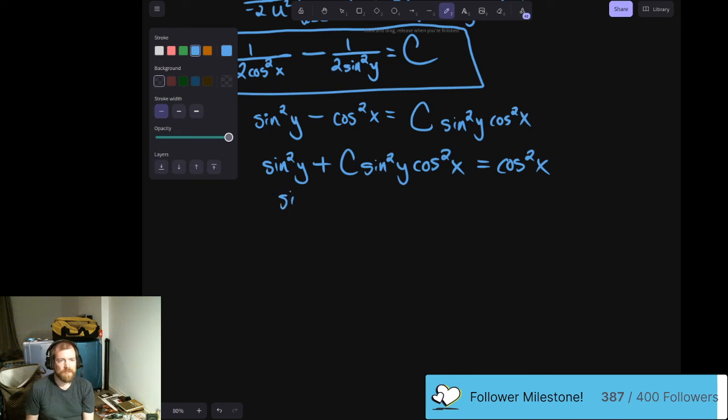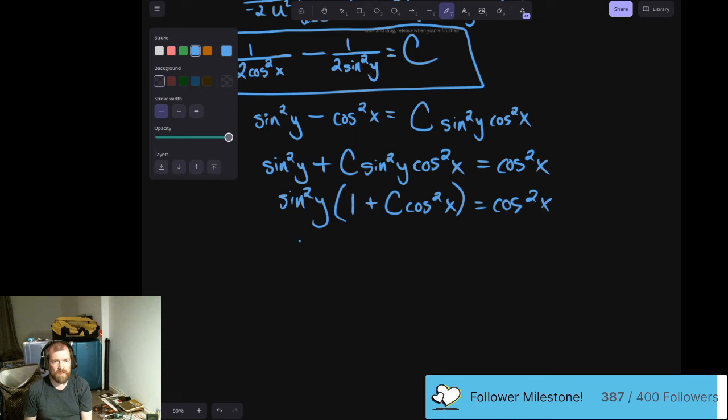Factor out sine squared of y: 1 plus c cosine squared x equals cosine squared x. Divide both sides by that cosine stuff. So sine squared of y is equal to cosine squared x divided by 1 plus c cosine squared x.